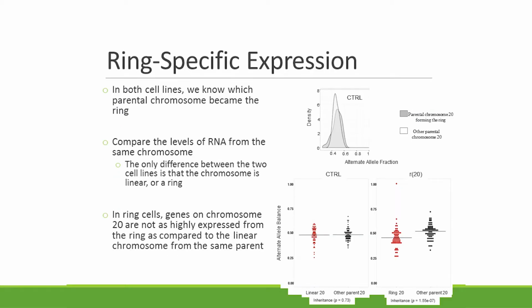One thing that we can really see from this experiment, even though we're not looking at brain cells, is how the ring is affecting genes that are on that ring chromosome. In both of these patients, we knew which parental chromosome formed the ring. So we have cells where the same parent's chromosome is linear and the same parent's chromosome is a ring.